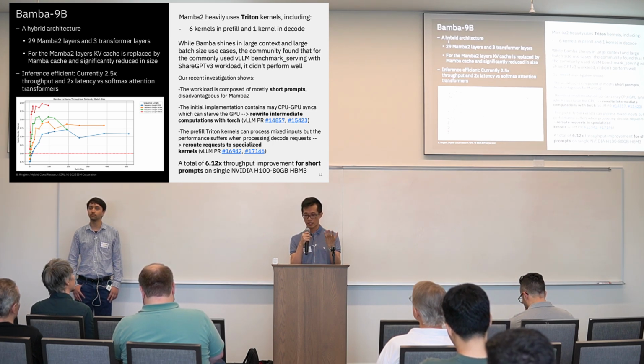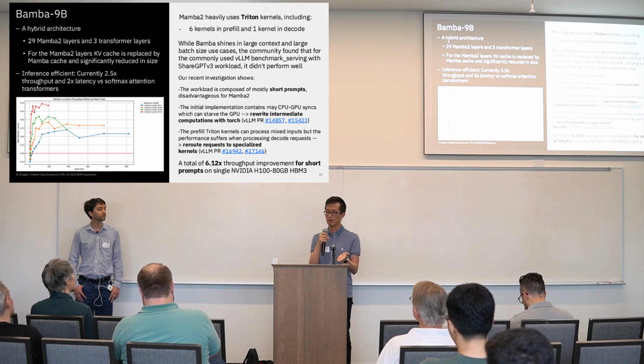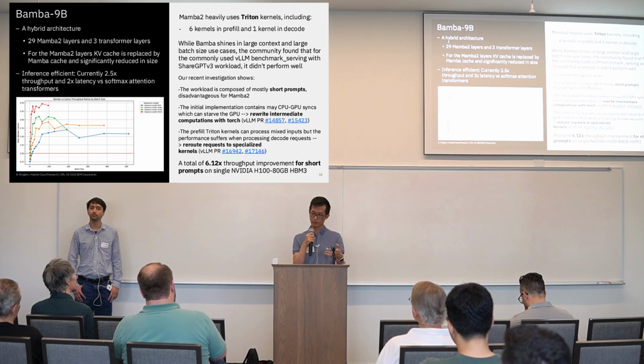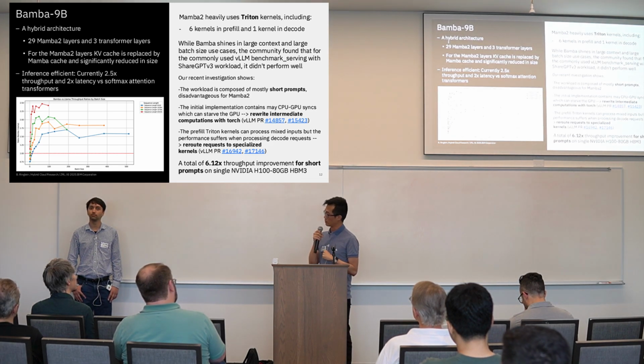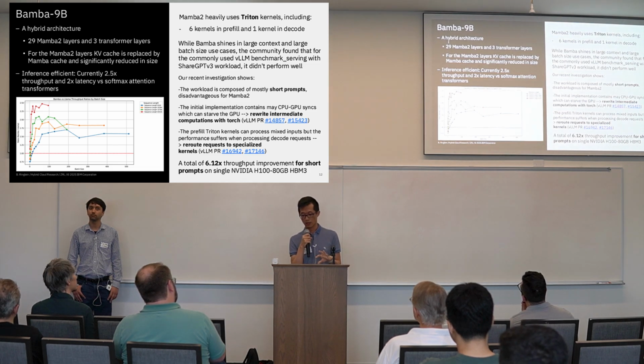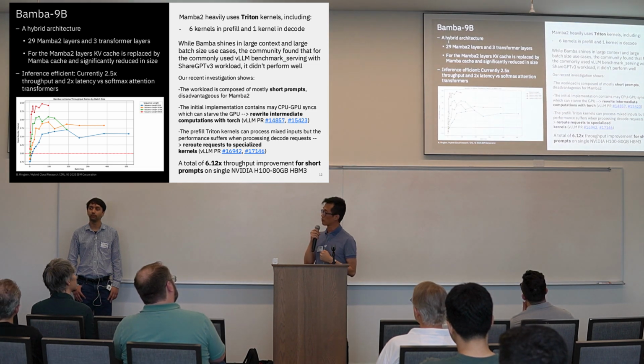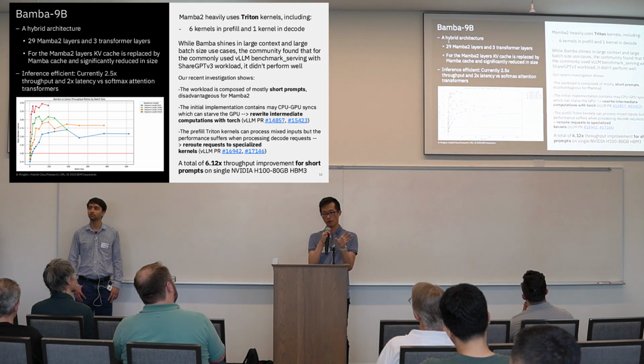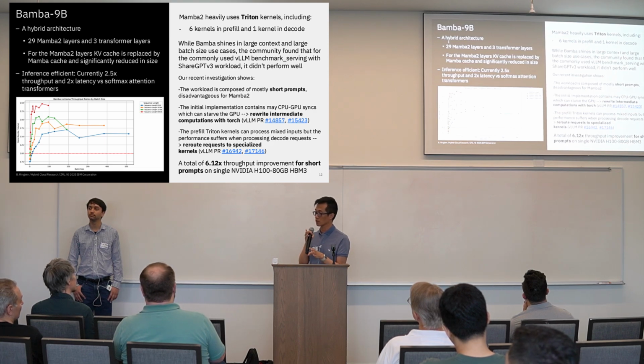But whenever this scenario happens, even though the functionality is correct, the kernel doesn't perform well with a mixed type of batch. So what we did is submit a few PRs to split the batch, so that we split the prefill and decode requests and they can be routed to specialized kernels, and these are still Triton kernels.